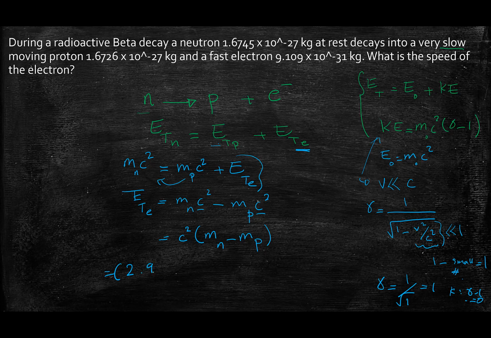I should put in 2.998 times 10 to the power of 8, the whole number to the power of 2, times bracket open, another bracket open, and I'm going to add the mass of the neutron, given to be 1.6749 times 10 to the power of negative 27, bracket closed, minus the mass of the proton, which is 1.6726 times 10 to the power of negative 27.